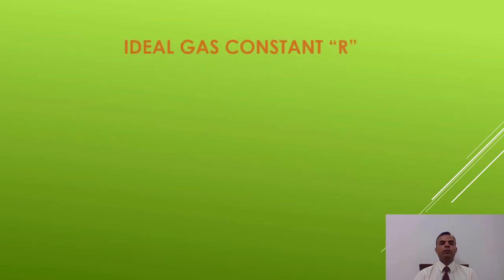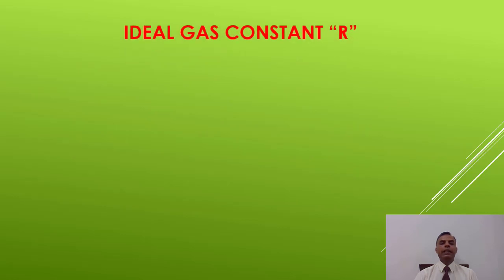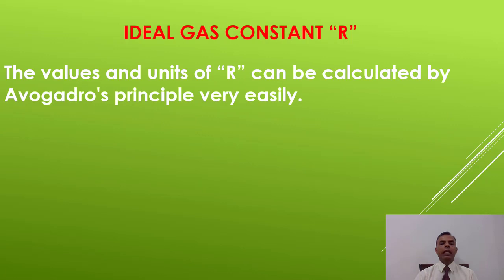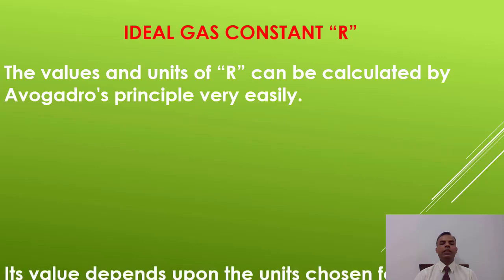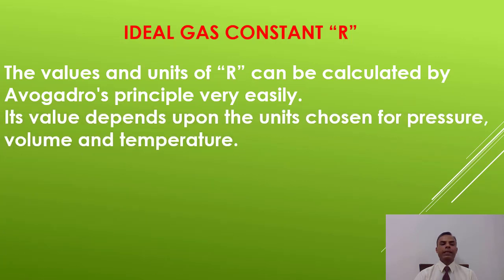Now we calculate the ideal gas constant R. The values and units of R can be calculated by Avogadro's principle very easily. Its value depends upon the units chosen for pressure, volume and temperature.